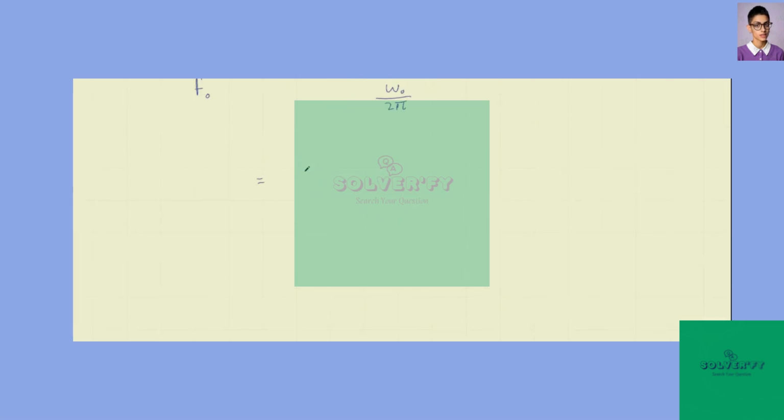And this becomes the square root of 1 minus b squared over 4m squared omega naught squared, all this minus 1.